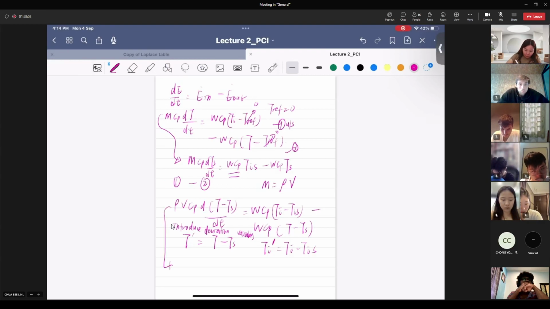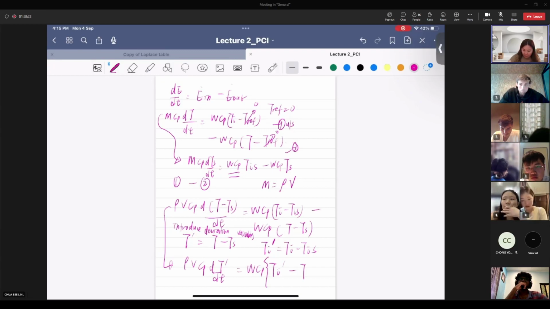So you will simplify this equation to be rho V Cp dT prime over dt equals omega Cp Ti prime. Then you can factorize the W Cp outside, minus T prime, when you use equation 1 minus equation 2.